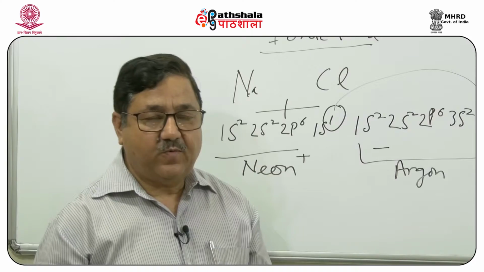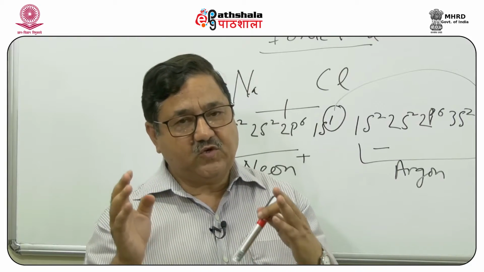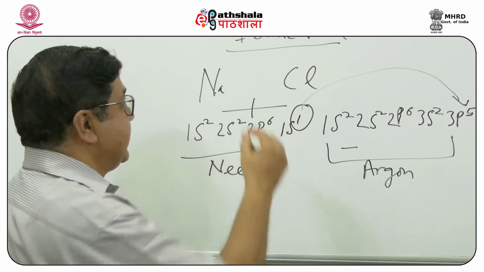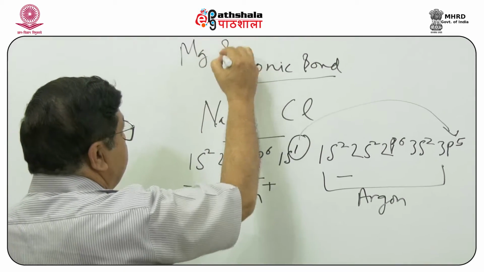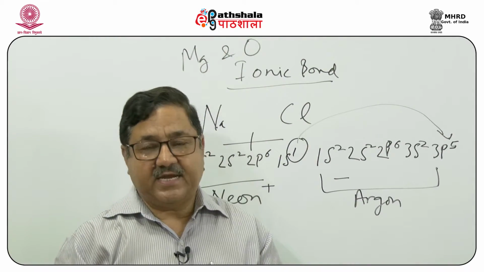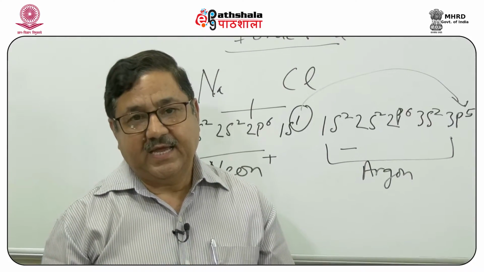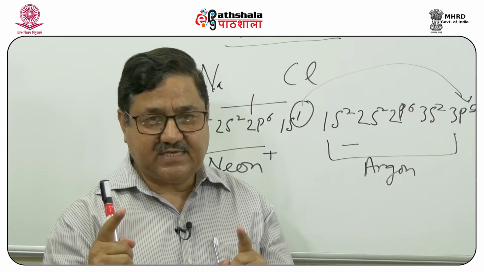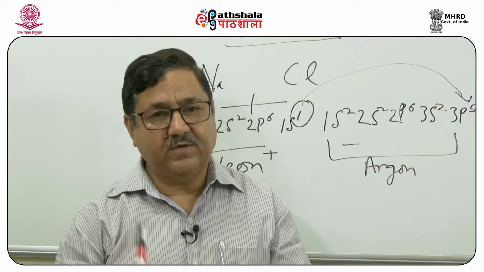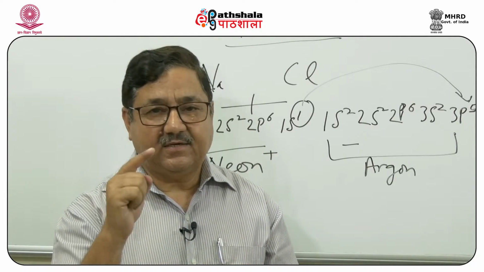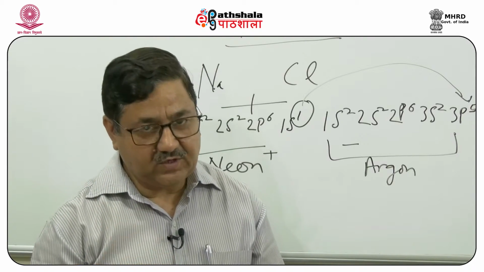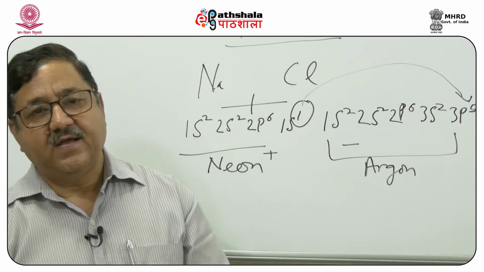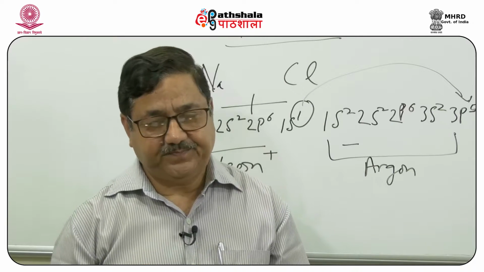But in cases where the radii of the two elements which are bound together are significantly different, let us take the case of magnesium and oxygen, if we can work out the interatomic distance of the compound, that is MgO, and if we know the ionic radius of oxygen, we can subtract that, and that will give us the ionic radius of magnesium.